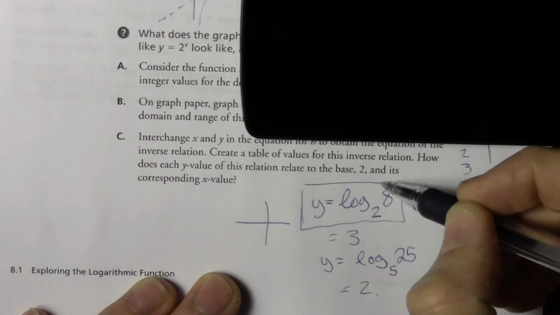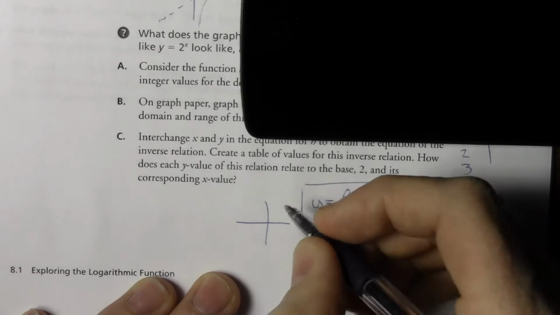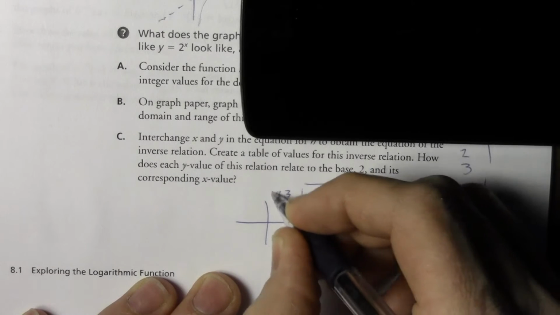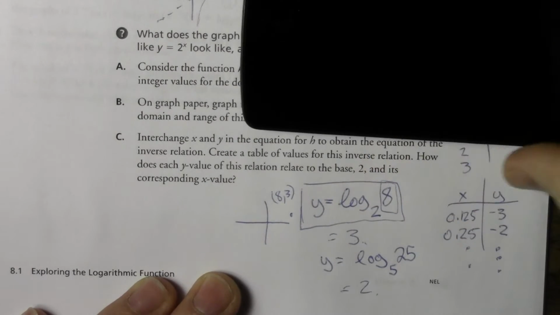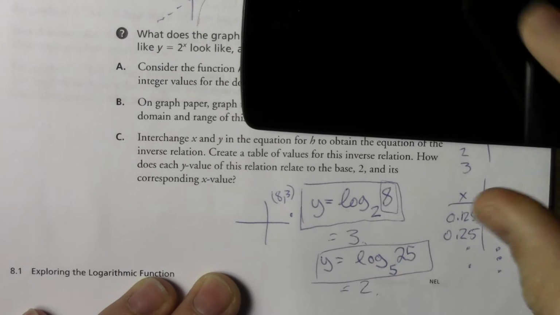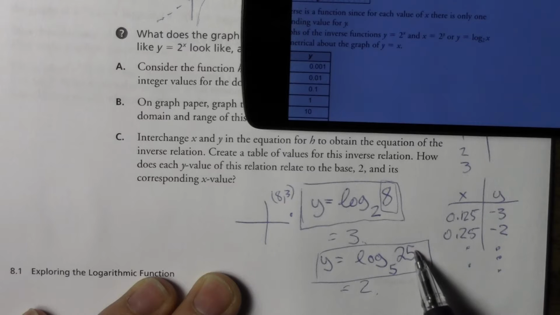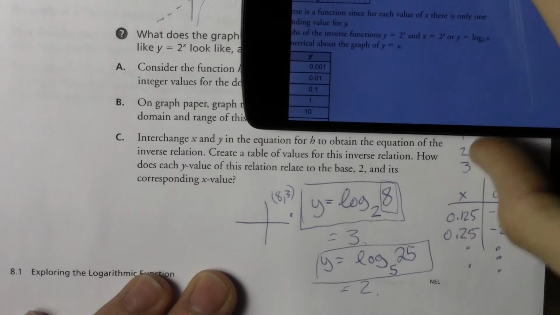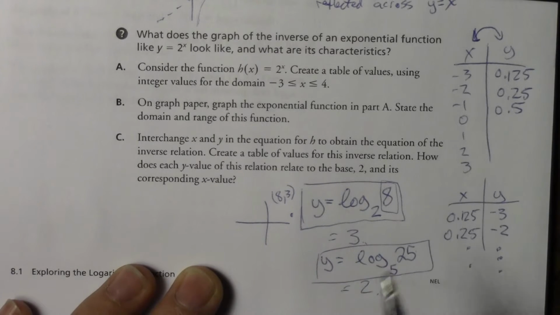He took the x value 8 and the y value 3. So one point would be (8, 3), somewhere over here. What would be a point on this graph? Alex. (25, 2). Very good, the x value 25 and the y value 2. Excellent. So already you now have a conceptual understanding of what logarithms are.